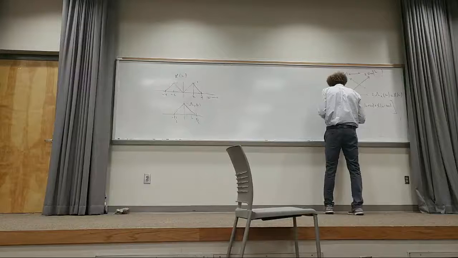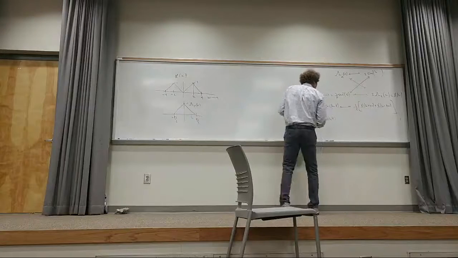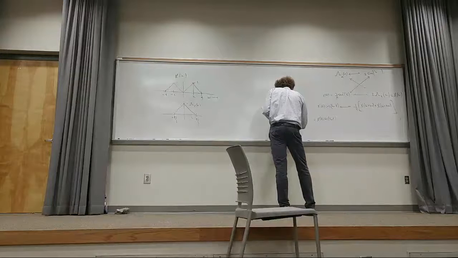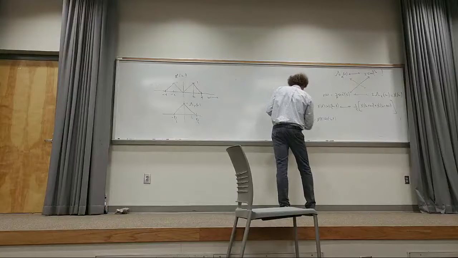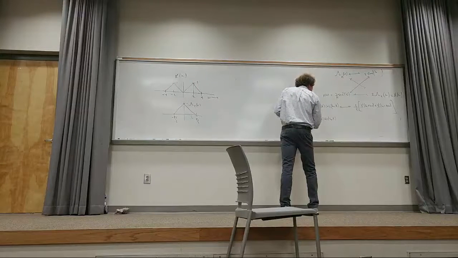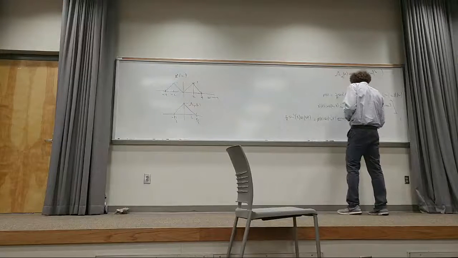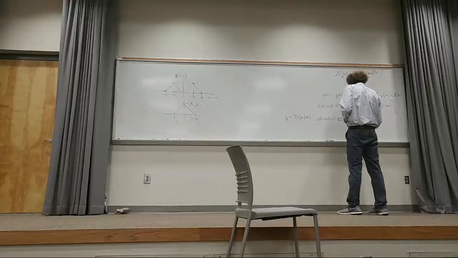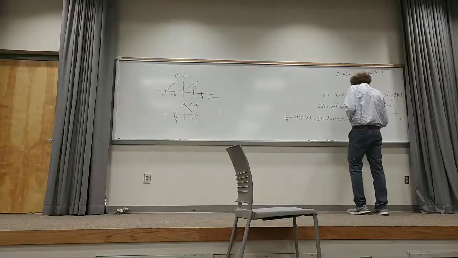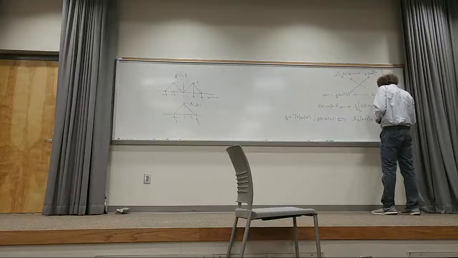Well, I'll put it as omega naught here, and then I'll just say, therefore, x of t times cosine of omega naught t really renders as 2 over pi times the sinc squared of t times the cosine of 2t. And that gives exactly what I want, and that's going to be a triangle function in the frequency domain of width 4 of omega plus 2, plus a triangle function of width 4 of omega minus 2.